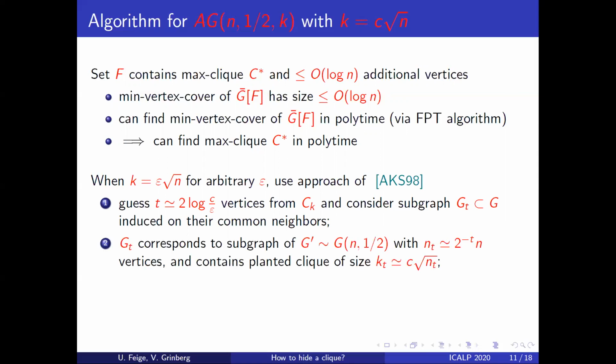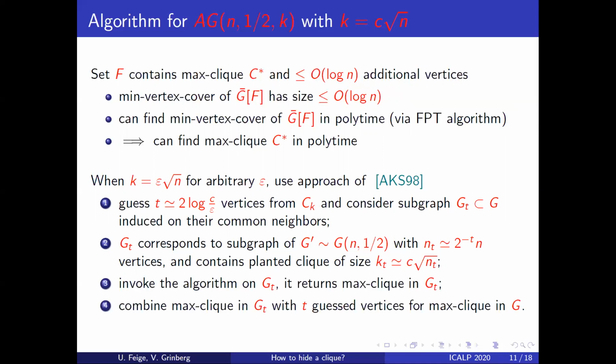This subgraph G_t corresponds to the subgraph of G(n, 1/2) with a planted clique of size k_t, and size n_t. The values of n_t and k_t allow us to apply the earlier algorithm to this subgraph G_t, finding the maximum clique in it. After that, we combine the found maximum clique in G_t with the t guessed vertices to obtain the max clique in the original graph G. This finishes the algorithm.